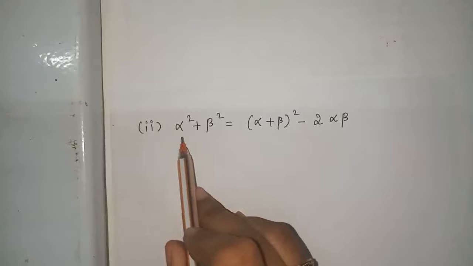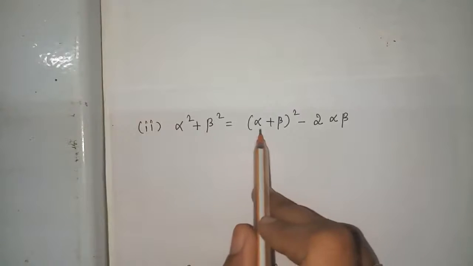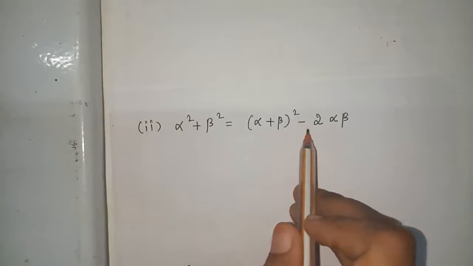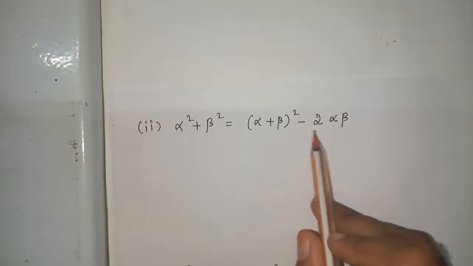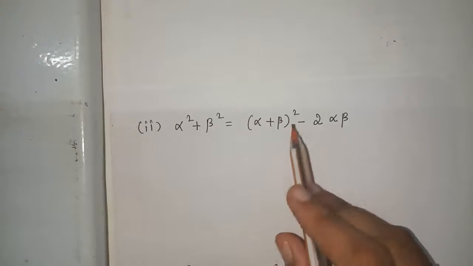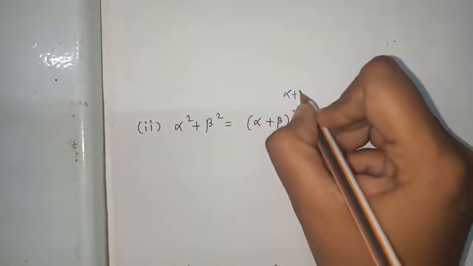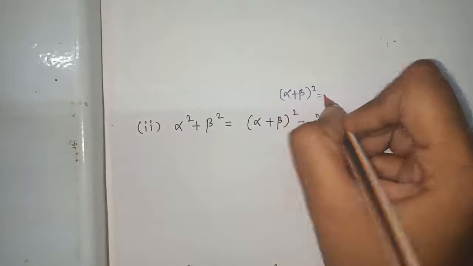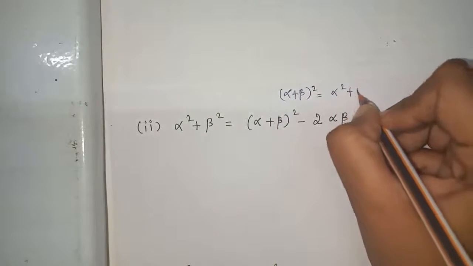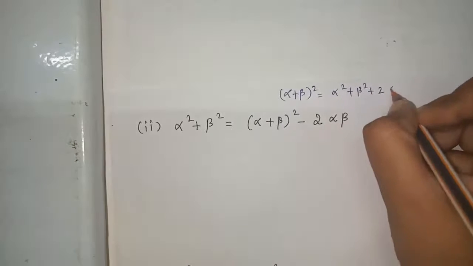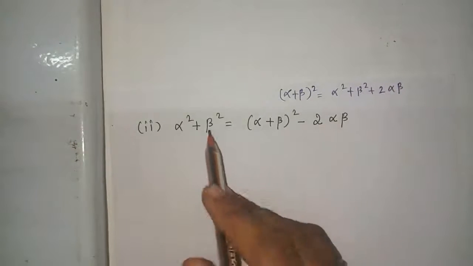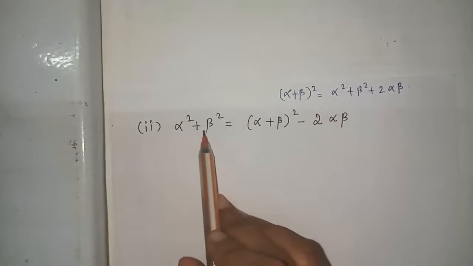Then second subdivision, alpha square plus beta square is equal to (alpha plus beta) the whole square minus 2 alpha beta. This comes from the (a plus b) square formula, that is (alpha plus beta) the whole square is equal to alpha square plus beta square plus 2 alpha beta. But on the left hand side they are asking alpha square plus beta square.